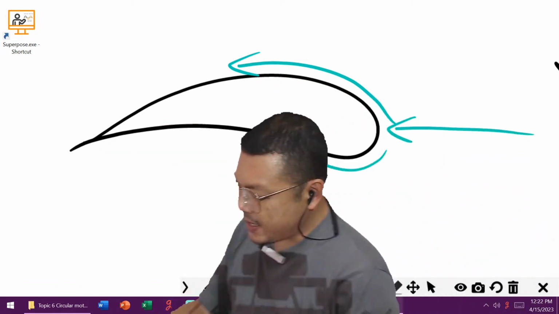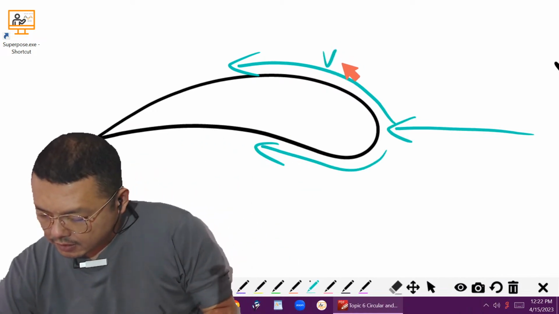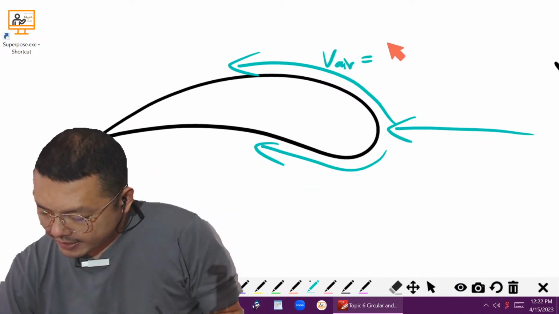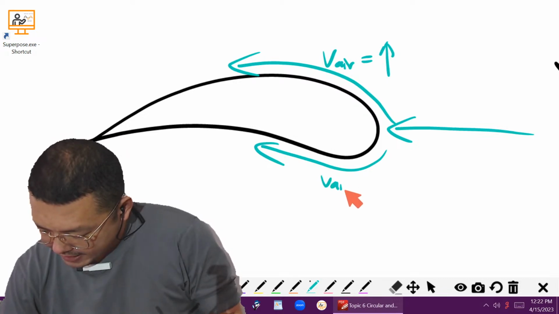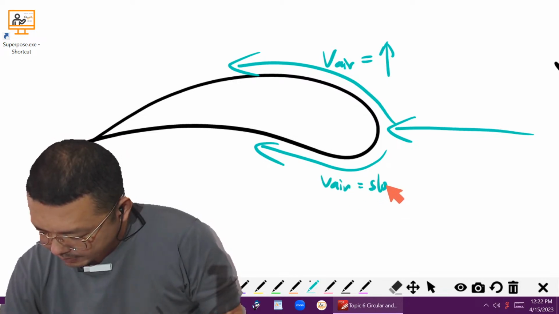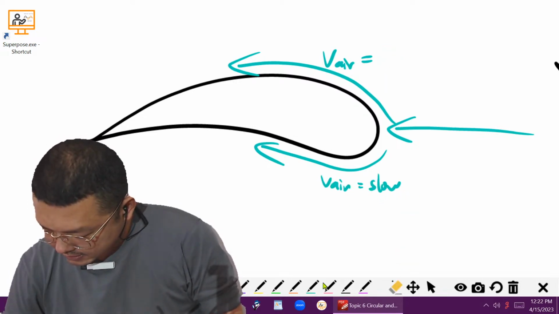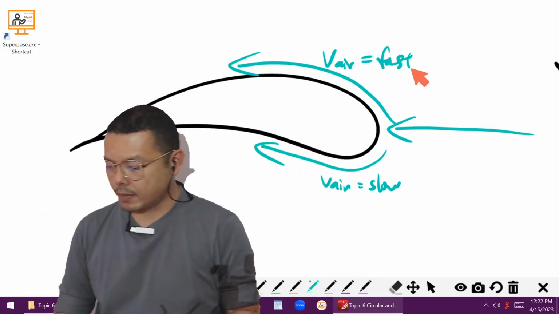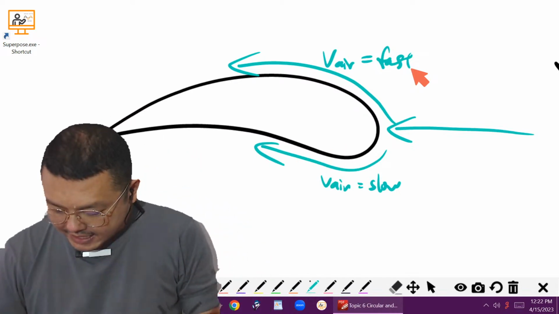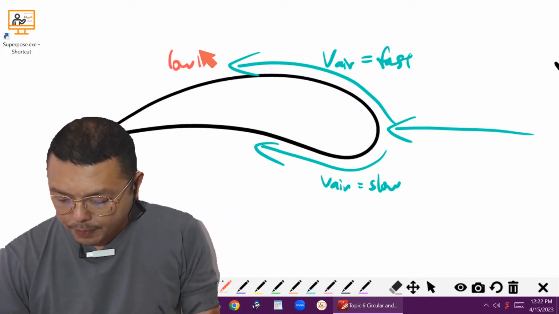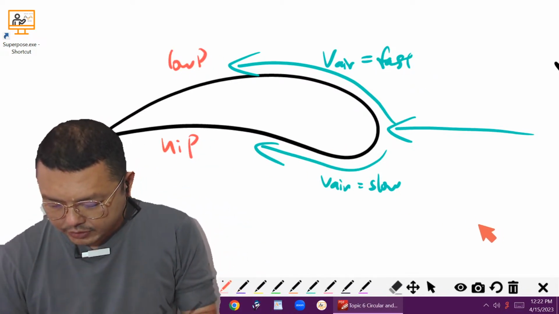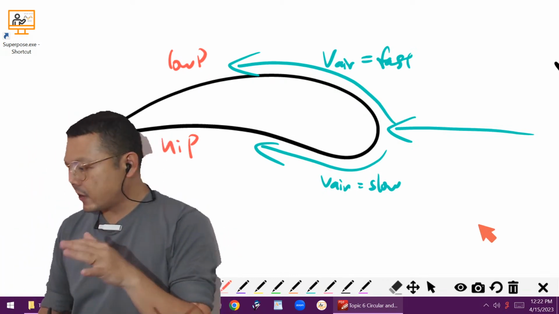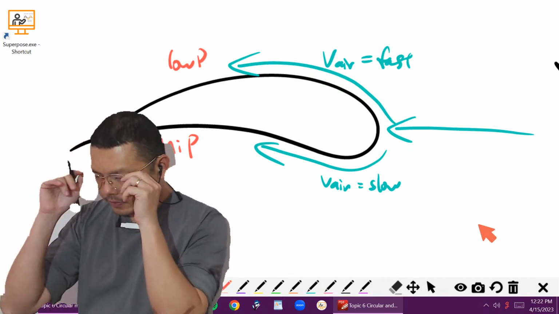So the speed of the air on top is very high, and the speed of air at the bottom is very slow. This is fast. The speed of the air is very fast on top and very slow at the bottom. This creates a low pressure on top and a high pressure at the bottom. The difference in speed creates a difference in pressure.